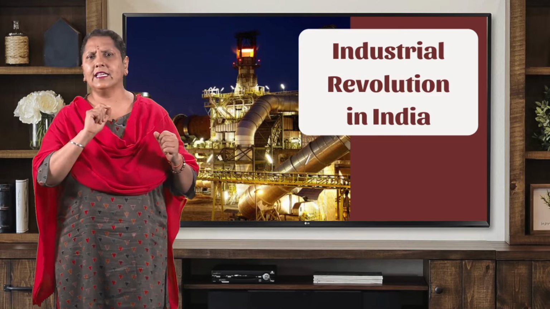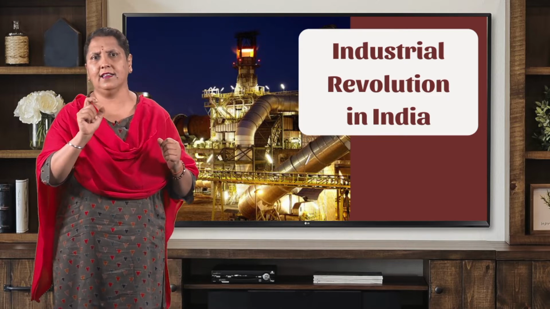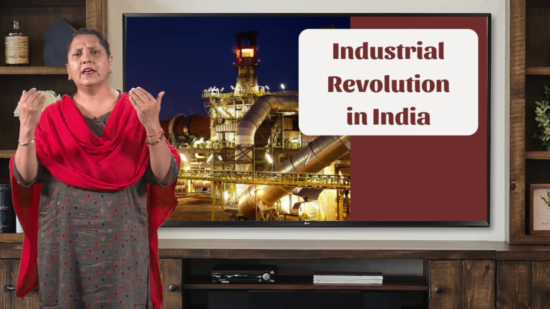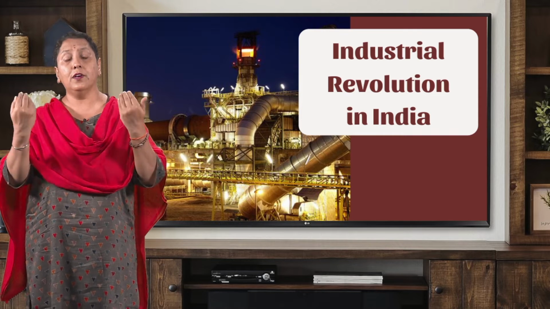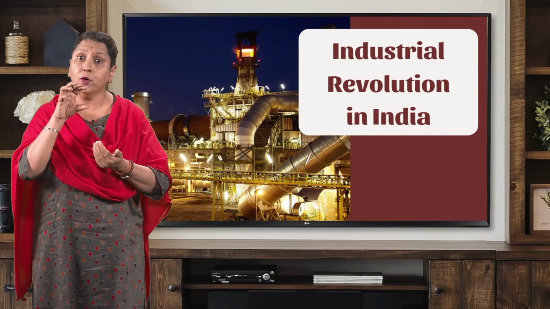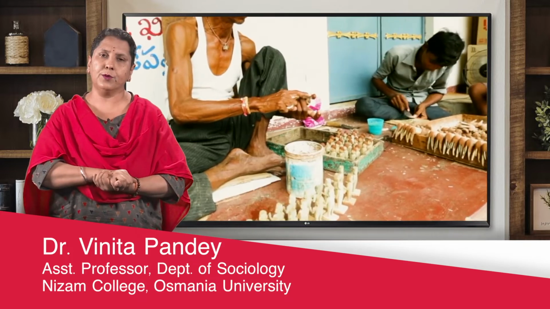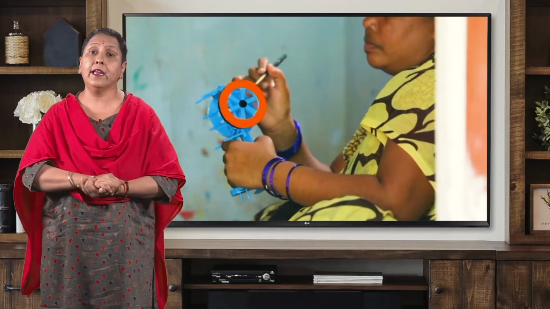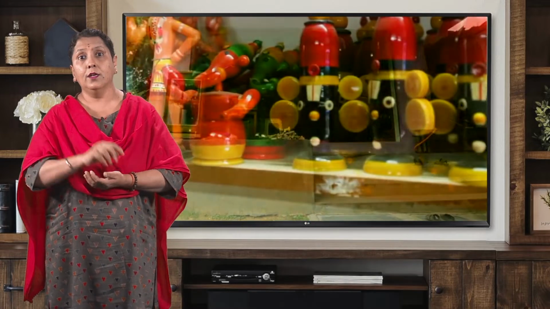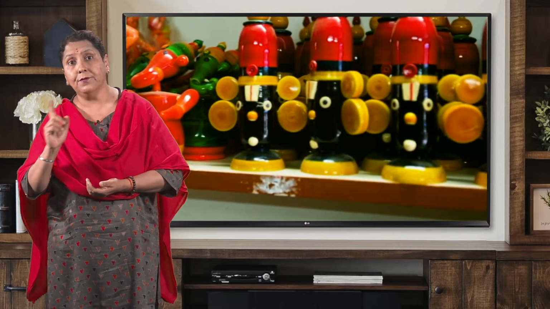Let me take a second to explain what a guild is. A guild is nothing but a kind of group or association of occupational professionals. So, the guild was also an important concept in the Industrial Revolution. The emergence of modern industrial enterprises can be traced back to the end of the 18th century, though it developed after 1850.